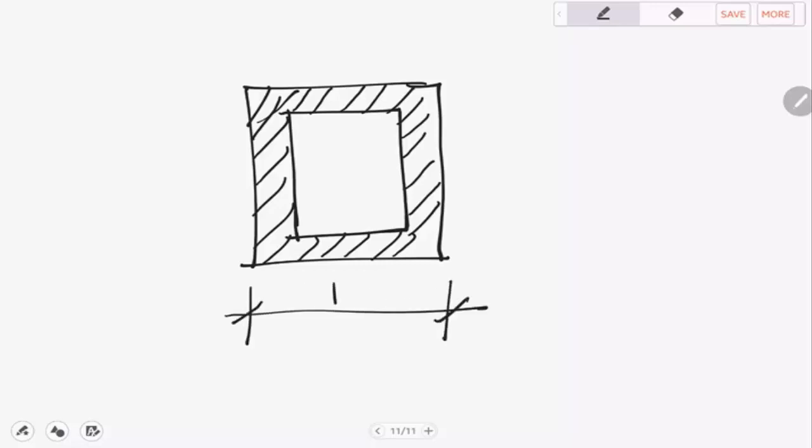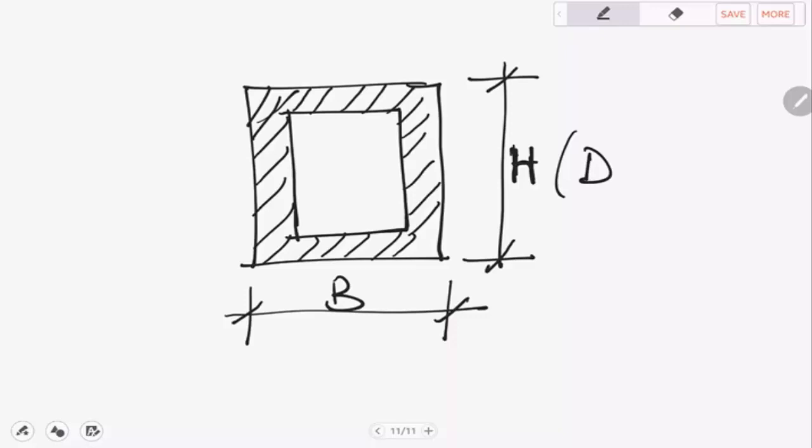So this is B. B is always the width. This one is H, or some will call it D. So it doesn't really matter which notation is used. Then this one, the small letter one, call it b, and this one call it h.